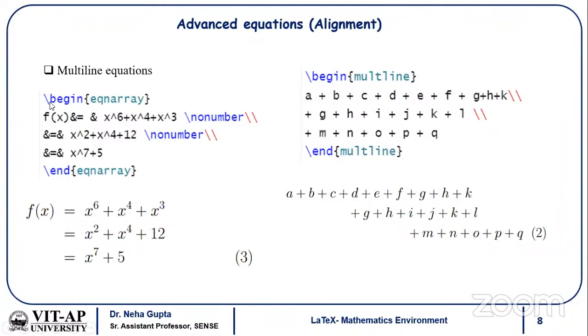Just see, we have this mathematical expression f(x) equal to x to the power 6 plus x to the power 4 plus x cube, and then it is represented by this line, then again by this line. I have written anything randomly, don't bother about that. Just see what I want to show here: if you have this multi-line expression, how you can represent it in LaTeX.